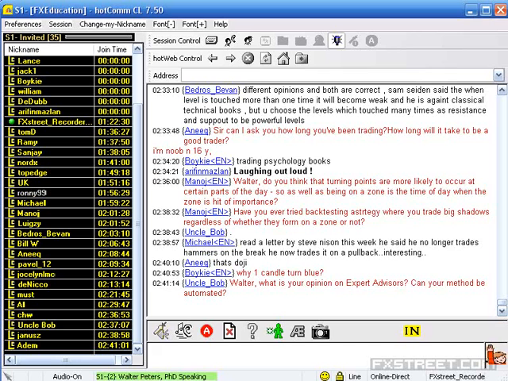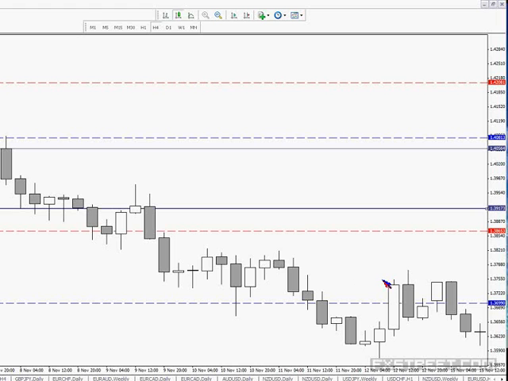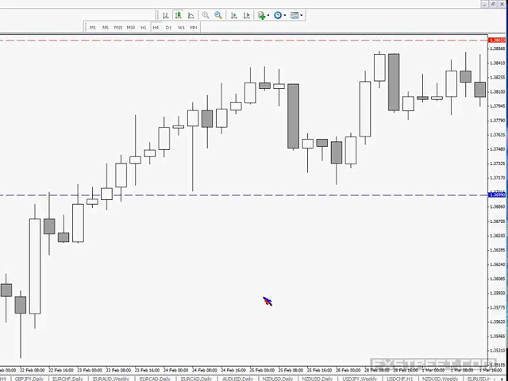Uncle Bob's asking about expert advisors. Actually, they interviewed me in the Wall Street Journal about expert advisors. I don't like to talk about them. I do think that it's possible to use them, and I do use them, but I think it's easier for people to learn how to trade just doing stuff like this, like trading big shadows. So if you're interested, Uncle Bob, there was an article in the Wall Street Journal maybe 3 weeks ago.